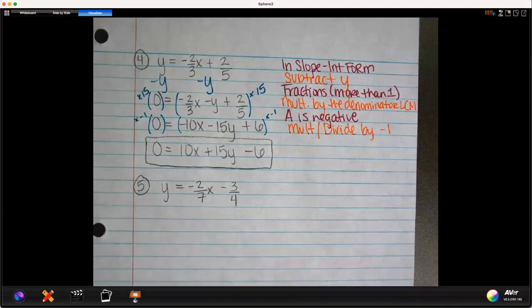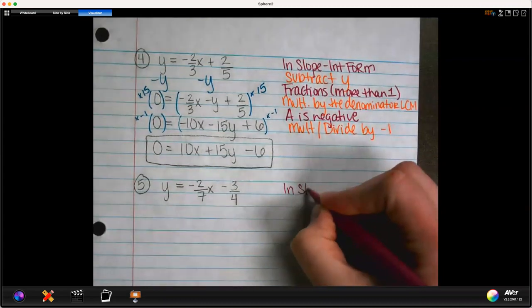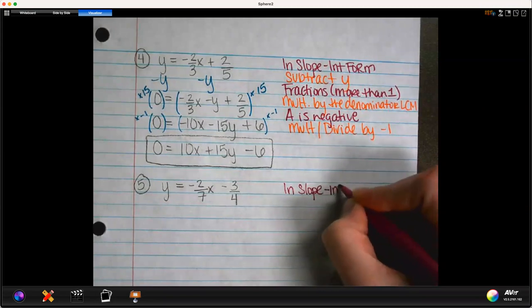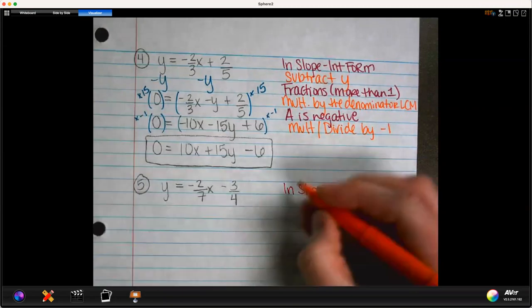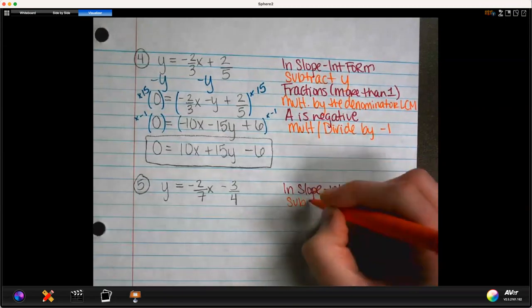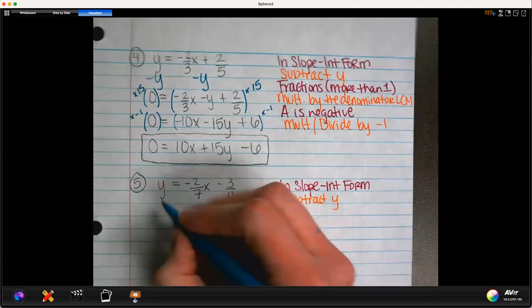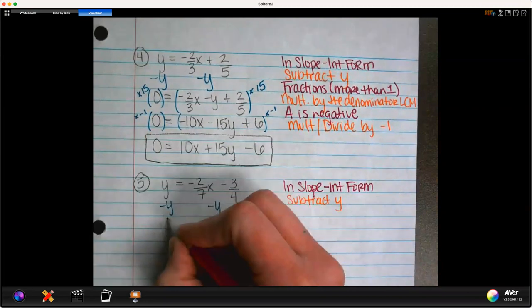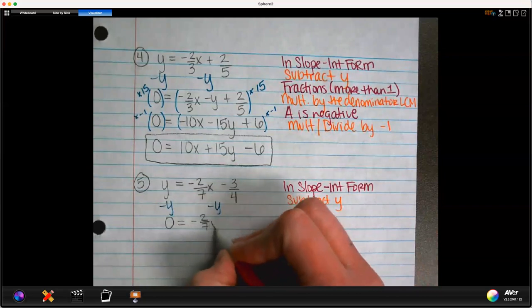All right, so hopefully you notice that this one looks very similar to the one above it. So the first issue is that it's in slope-intercept form, which means the first thing you need to do is subtract y. Rearranging or subtracting y or putting it in order should be your first step.